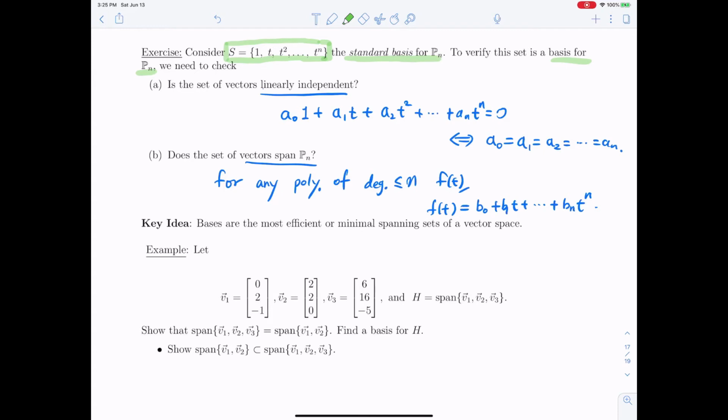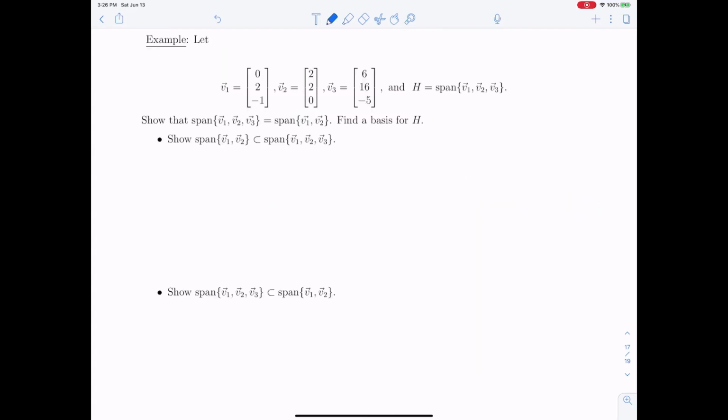So here, the key idea for basis is that the bases are the most efficient or minimal spanning set of the vector space. So consider three vectors given in this way, and H to be the span of these three vectors.